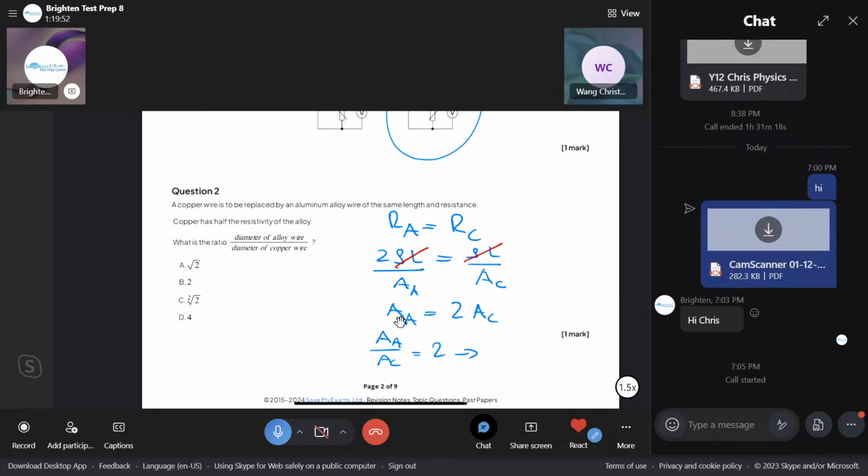So now, just the last step, Chris, how do you transform the area into the desired diameter? What do I have to do? Square root. Square root, so just the square root of 2. The reason why you do it you may have to show, although it's also very obvious.